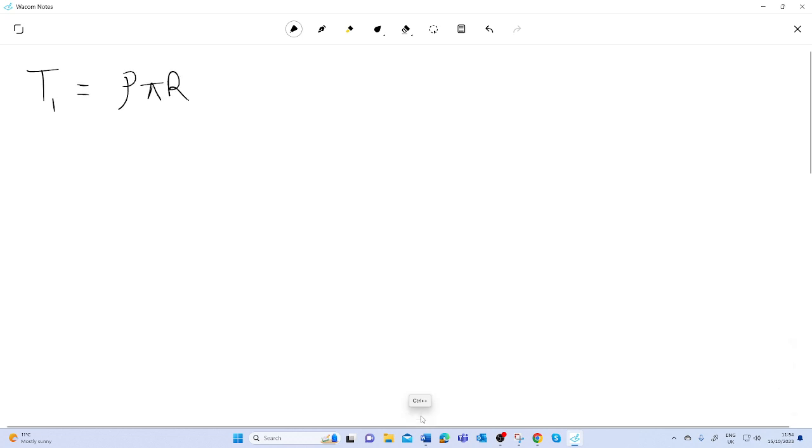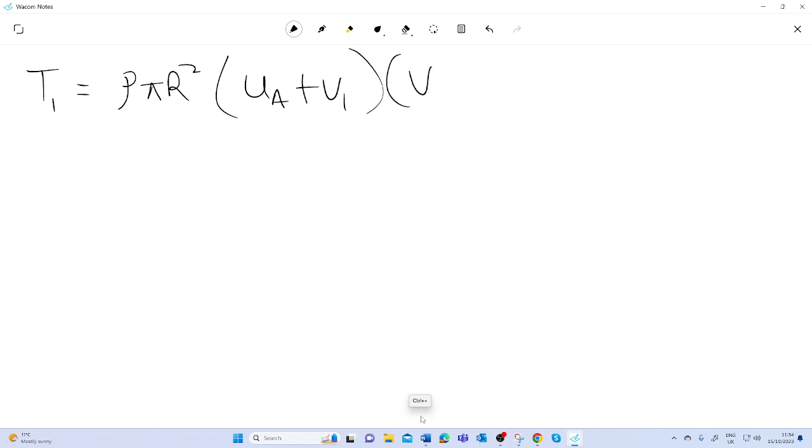Now that we have all these assumptions, theory and equations, we can slot in the values to the thrust, which is rho pi r squared (UA plus V1) V2, that's equation 1.